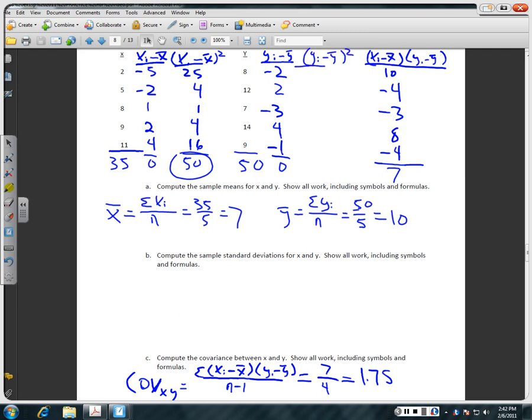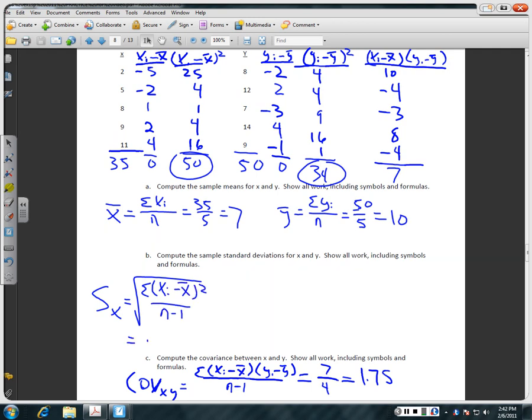Y minus y bar squared. I get 34 for that. Circle that just to be able to find it down here. So the standard deviation of the x's is equal to the square root of the sum of the squared deviations divided by n minus 1.